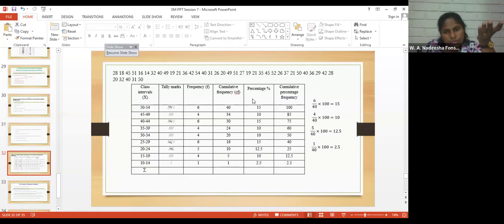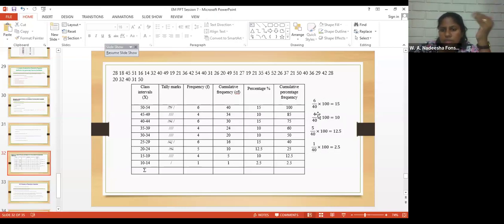Then we have to take the percentage of these frequencies. So when we consider the percentage of frequency, the 50 to 54 frequency is 6. Then 6 divided by the total number of students, 40, into 100. That value is 15. Here I mentioned the method.